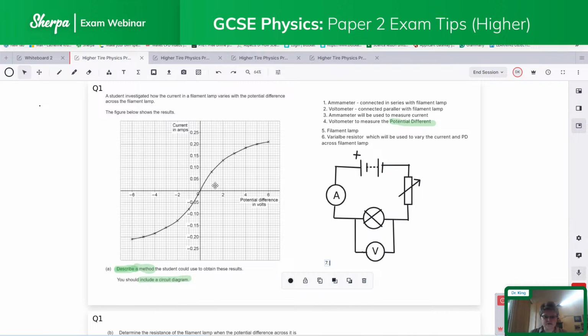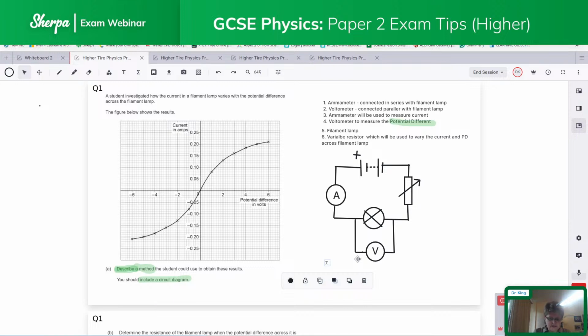So as you can see from the diagram, if that is the connection, you will always measure a positive value of current and positive value of potential difference. So the range is from 0 to 6 volts.